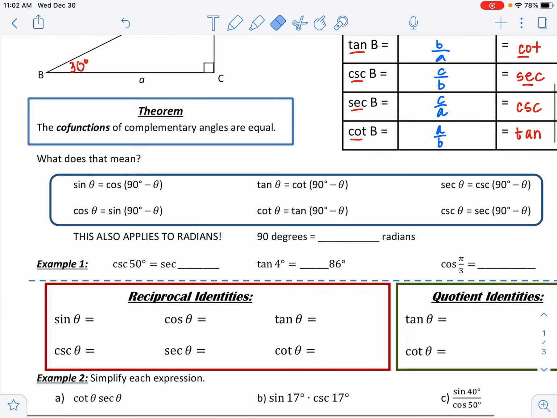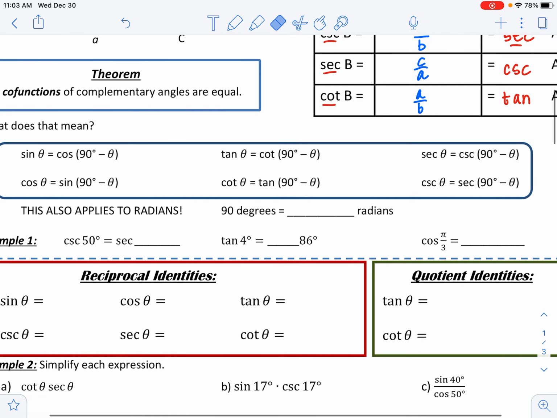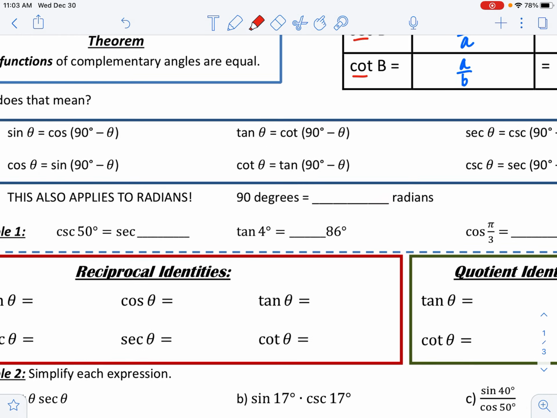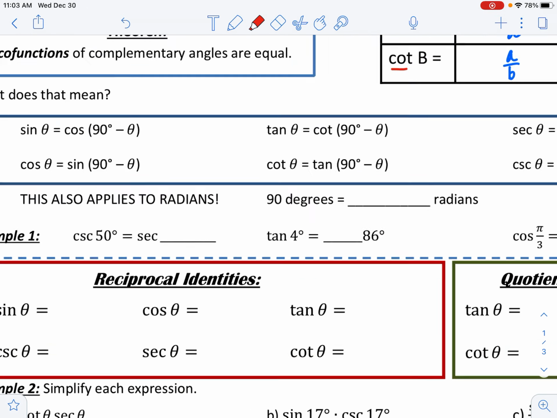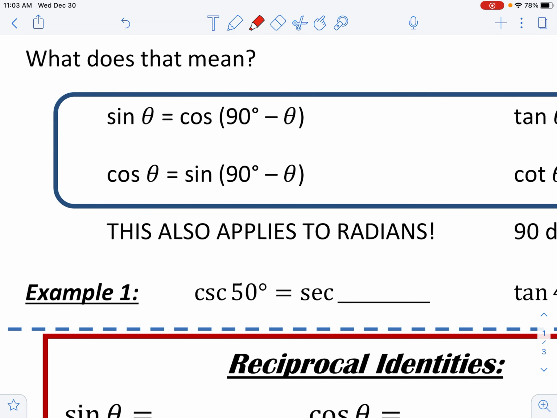So what does that bring us to? It brings us to these 6 rules here, okay? These are 6 formulas that you need to know, but if you look at them, they're quite easy to see that if you know 3 of them, you know all 6 of them.